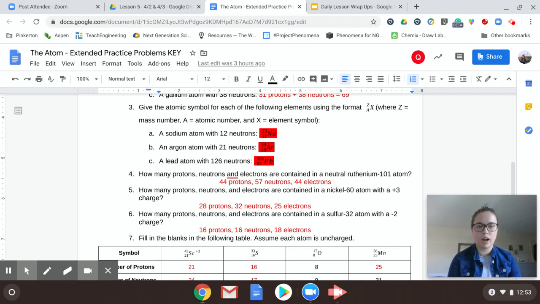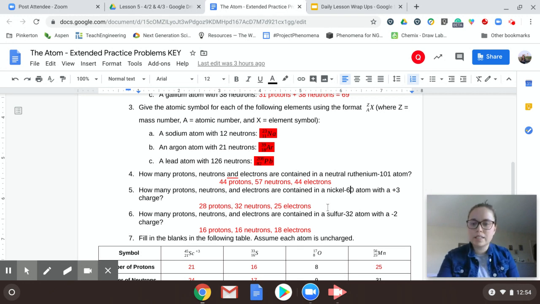Moving on to 5. So if we have a nickel 60 atom with a plus 3 charge, that means we're going to have 28 protons. The number of protons never changes for the atom you're looking at. Okay? The number of protons is always the same. We're going to have 32 neutrons because we were given the nickel 60, so we got to take 60 minus 28 to get us to 32.